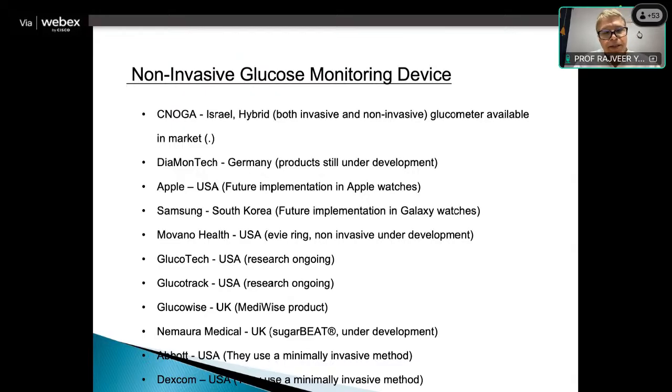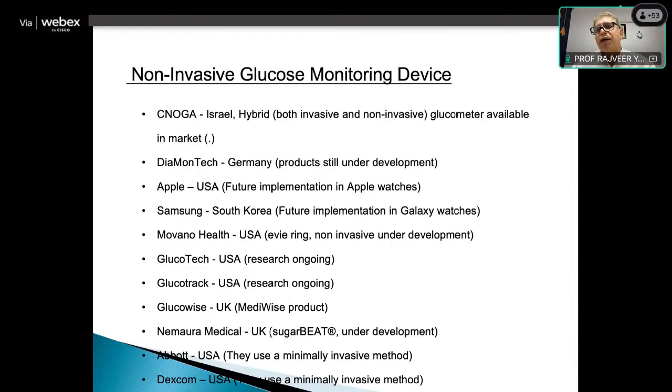GlucoWise is a UK company. They are also trying to develop this particular device. Again, the product is not in the market. They are still trying to get the approval. Namura Medical has developed this. They say that Sugar Beat will be able to give you the real-time sugar level, but it is not yet approved by FDA.